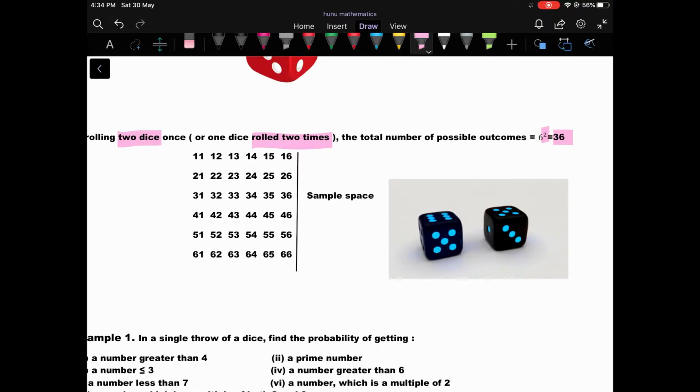Let's see the sample space, the 36 possible outcomes: 1 1, 1 2, 1 3, 1 4, 1 5, 1 6, 2 1, 2 2, 2 3, 2 4, 2 5, 2 6, 3 1, 3 2, 3 3, 3 4, 3 5, 3 6 and so on.